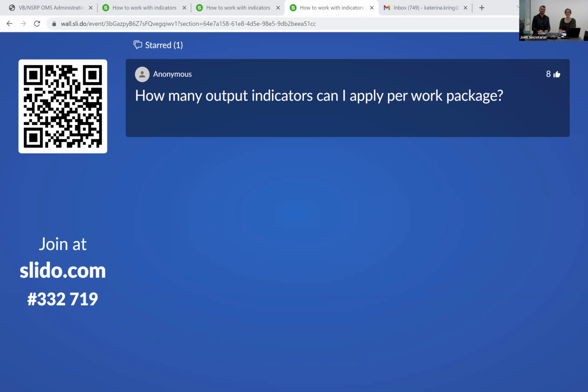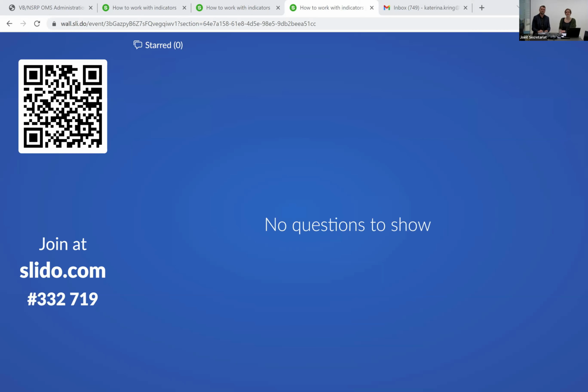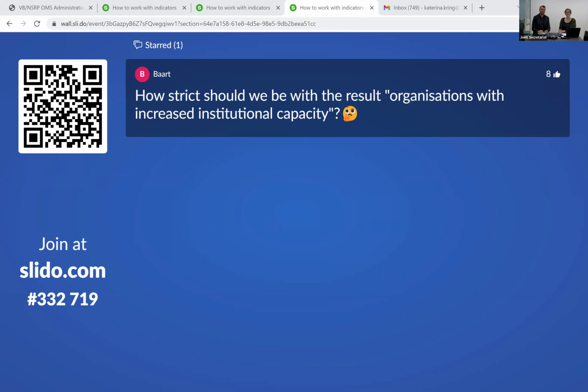So let's move on with the next one. We can see on the screen: how strict should we be with the result organizations with increased institutional capacity? I'm not entirely sure I can answer that question because I don't know what you mean by strict. The indicator is in the application form, you can choose it.